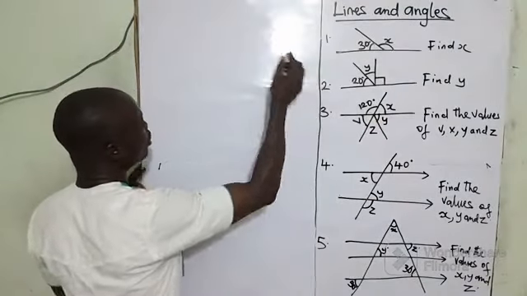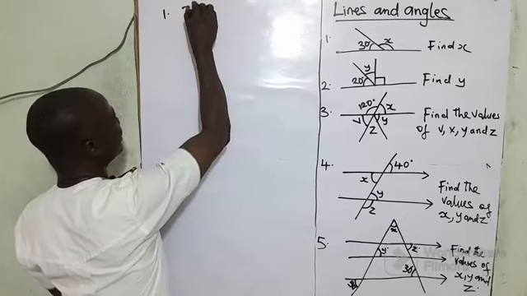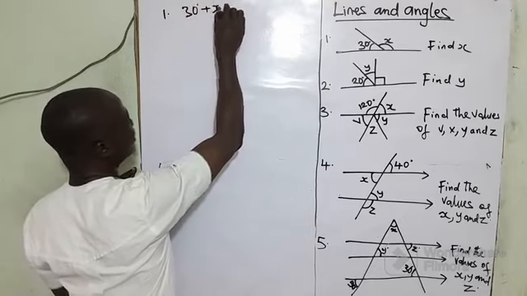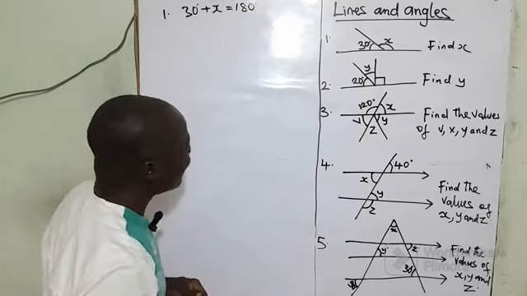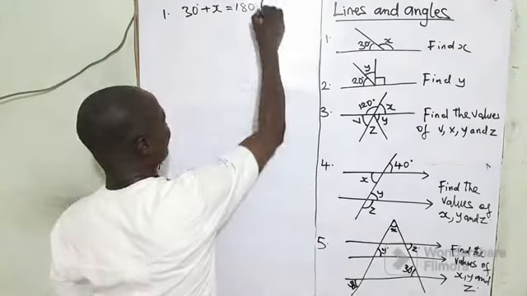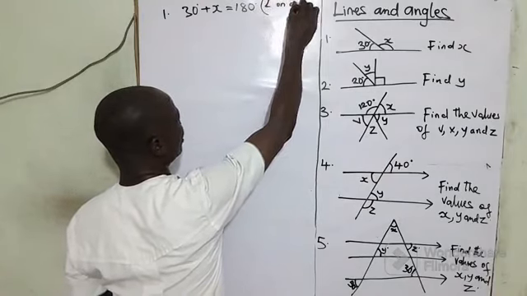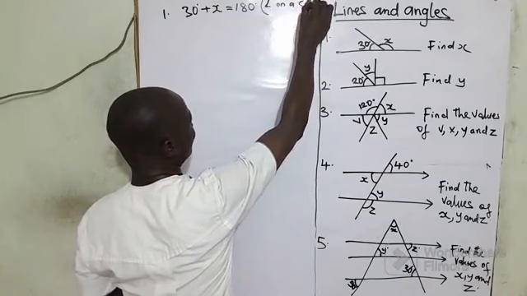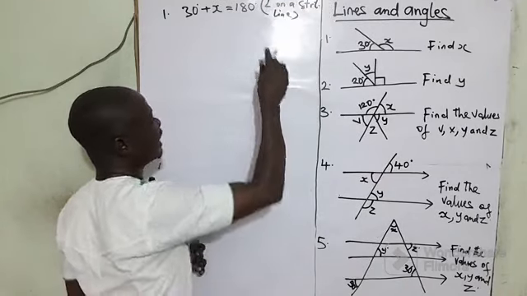So we are going to say that 30 degrees plus x degrees is equal to 180 degrees. The reason is angle on a straight line. Let us abbreviate it like this, angle on a straight line.